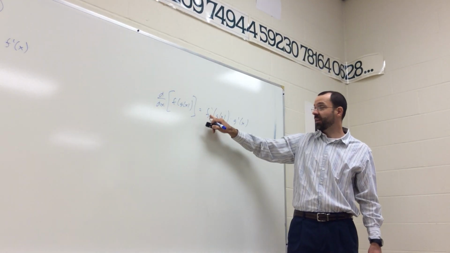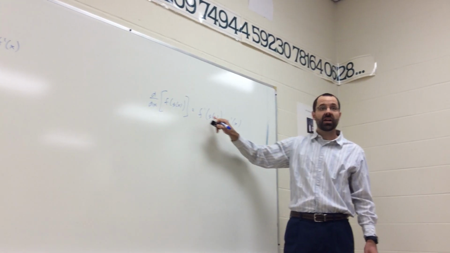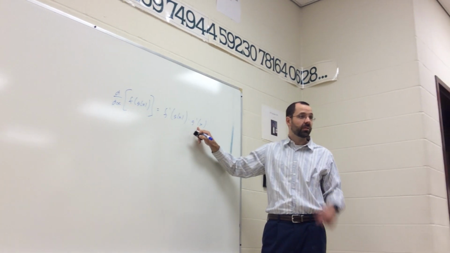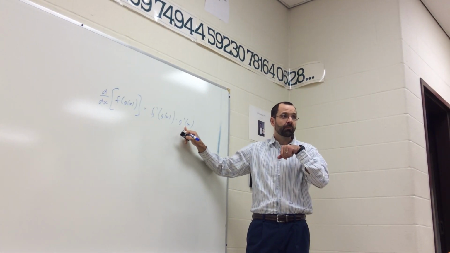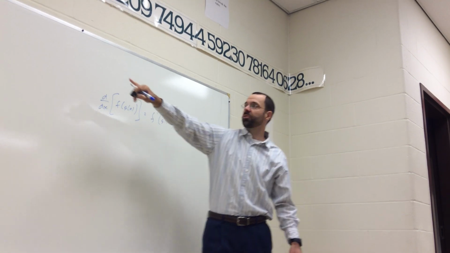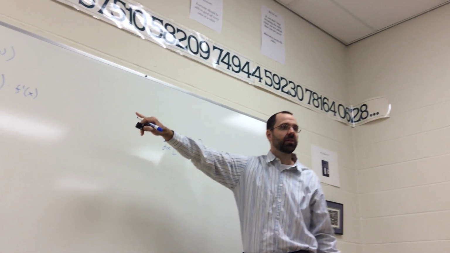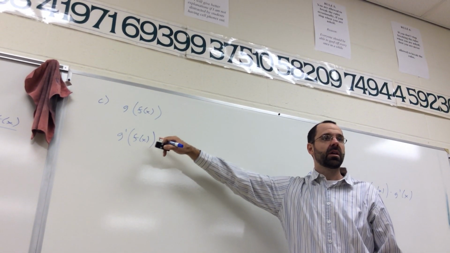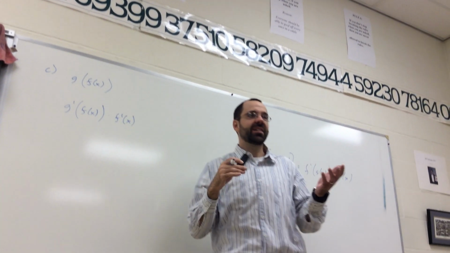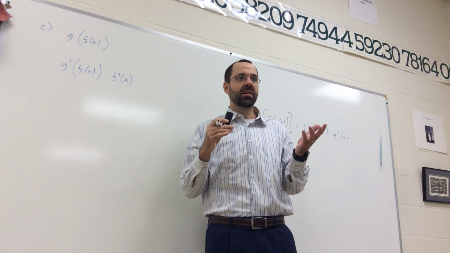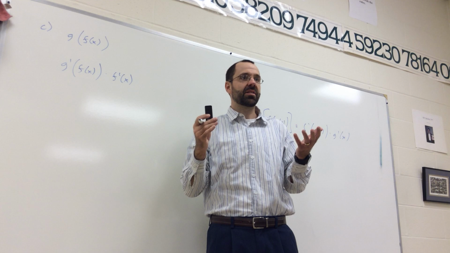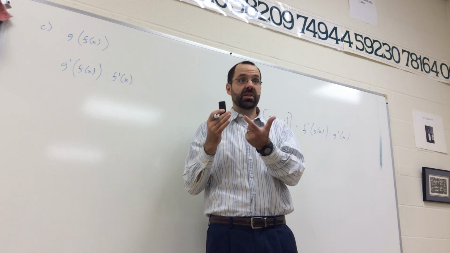So this is the derivative of the outside with the regular inside plugged into it times the derivative of the inside. Same thing, except the roles of g and f are switched, because g is outside and f is inside on this problem. That's why I keep saying outside and inside rather than f and g, because it's really arbitrary what the functions are called. The real concept is there's the outside one and then there's the inside one.